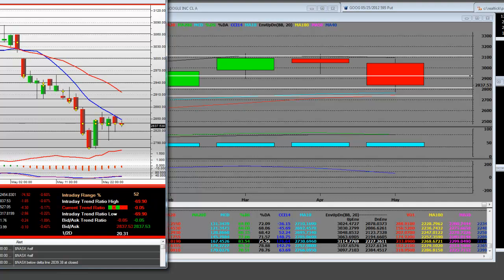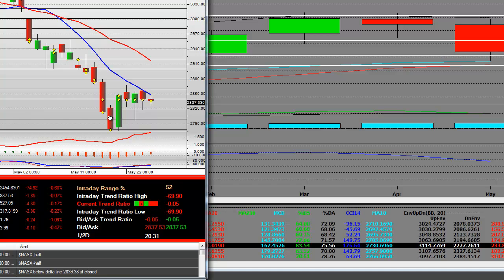So from that level, we have rallied off of the bottom, and the low was 2774.45. The high here on a daily level from that rally point, the high reversal here, was 2867.34.